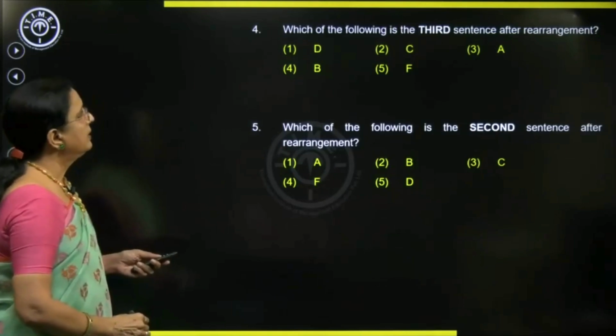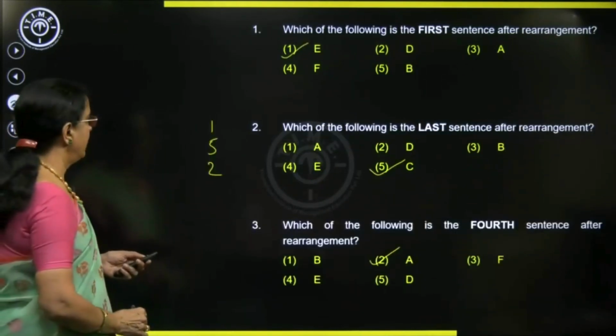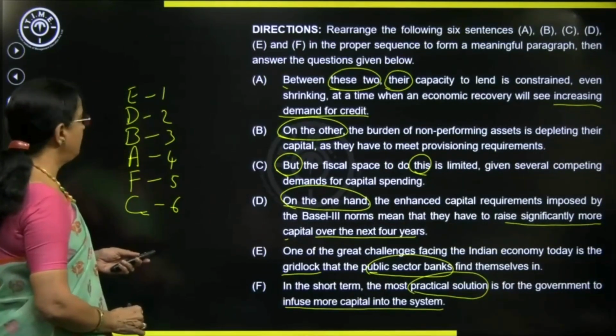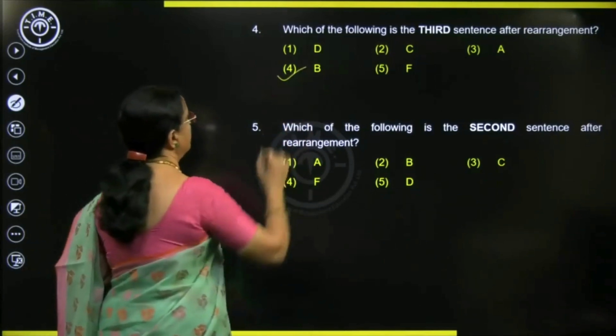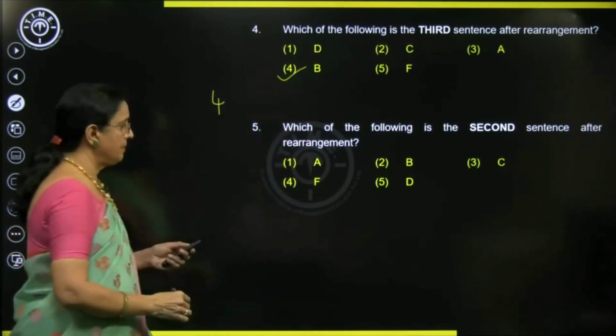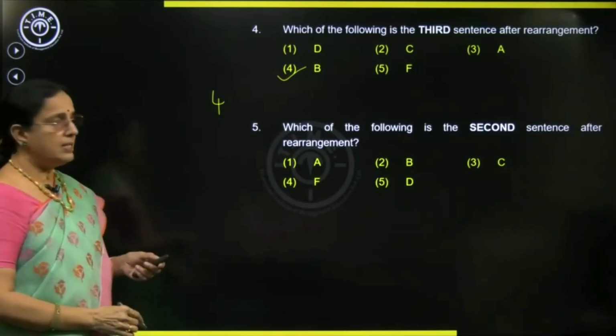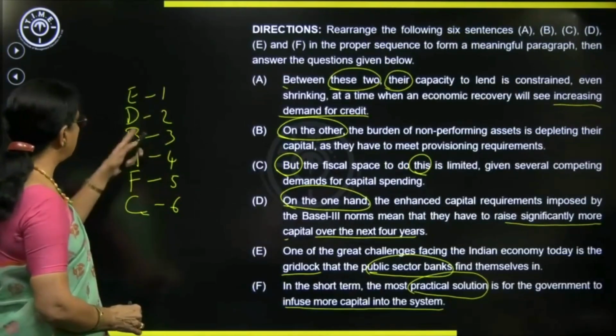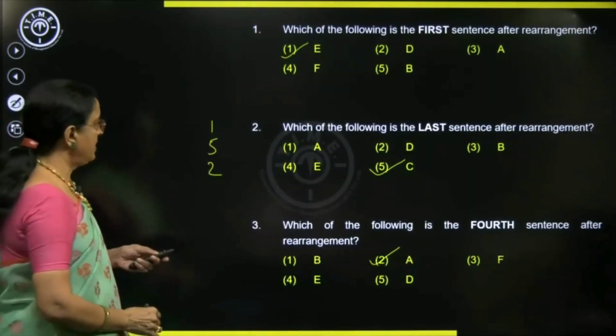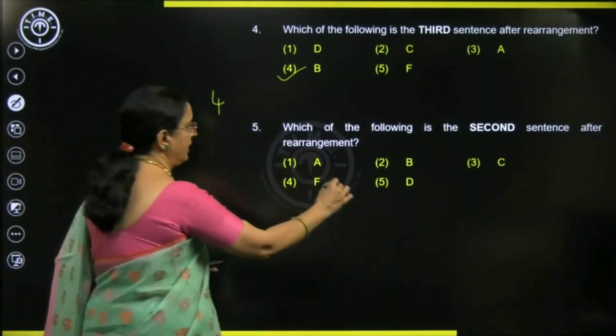Next one. Which is the third sentence? Third is B. Where is B? B. 4. 4 is our answer. And then last one, second sentence. Which of the following is the second sentence? Second is D. Where is D? 5.